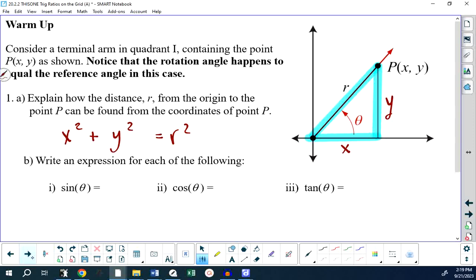Okay, write an expression for each of the following. Well, I'm not asking you to go back to grade 10 and write opposite over hypotenuse. I want you to look at that diagram and tell me what sine is equal to on that diagram. Sine of theta will be the opposite over the hypotenuse, but the opposite is y, and the hypotenuse is r.